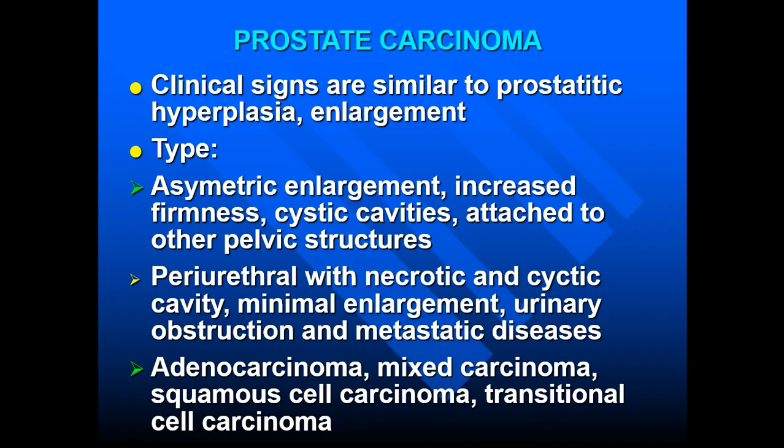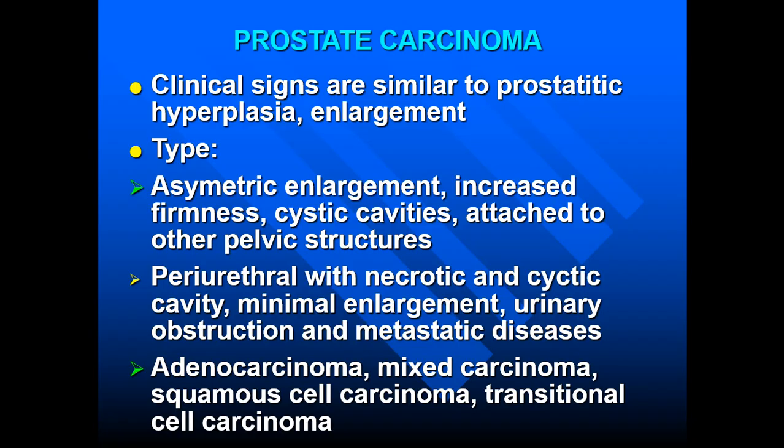So the type of prostate carcinoma actually is adenocarcinoma. It can also be mixed carcinoma or even squamous cell carcinoma in the prostate. If it's adenocarcinoma, it's related with the prostatic glands, and if the tumor arises from epithelial cells, it can also be related with other epithelial cells, for example, epithelial cells of the urethra.